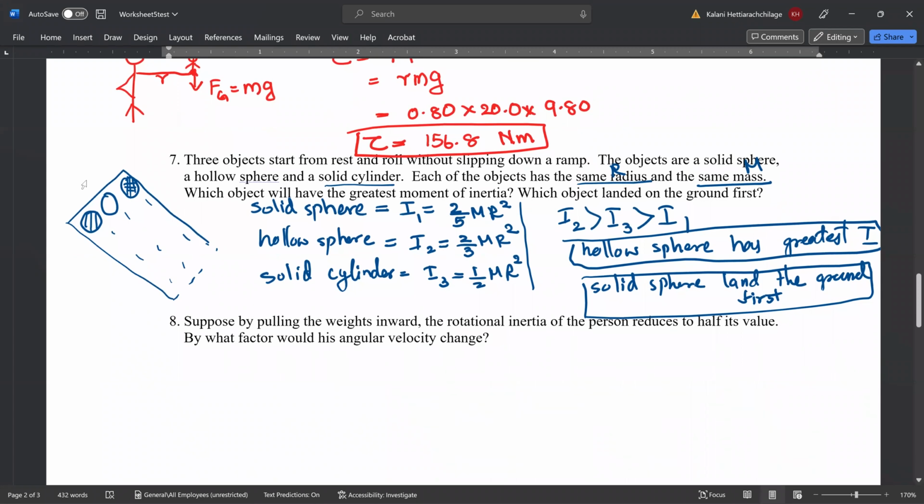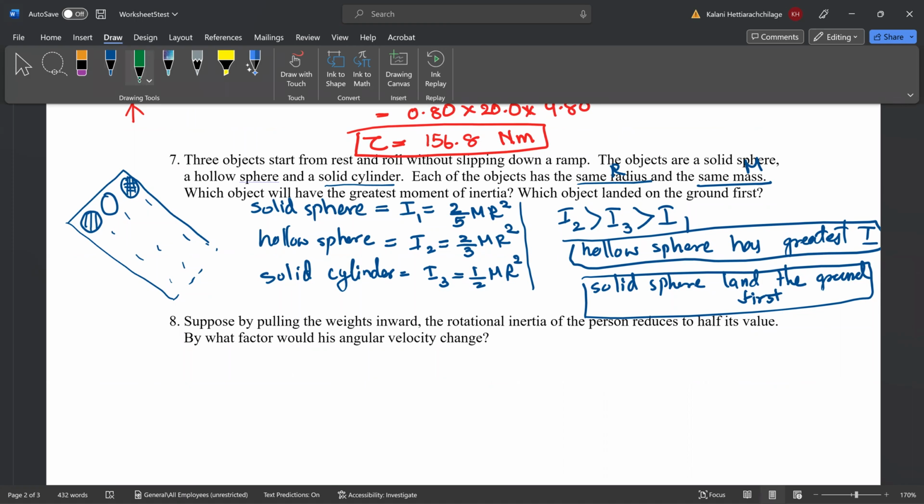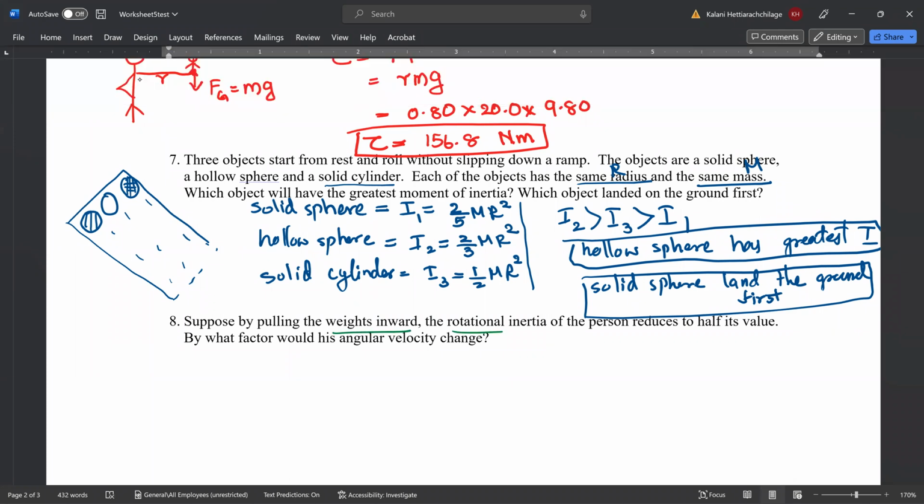Okay, now let's move on to number 8. Number 8 is asking: pulling the weights inward reduces the rotational inertia of the person to half its value. By what factor does its angular velocity change? So you see that the weights inward reduce the rotational inertia of the person to half its value.